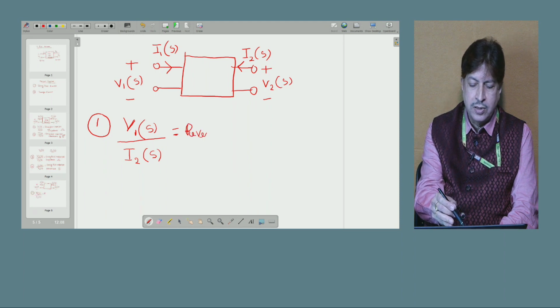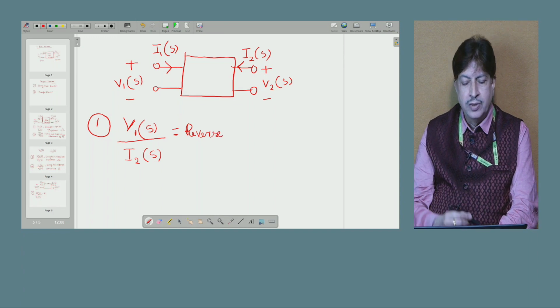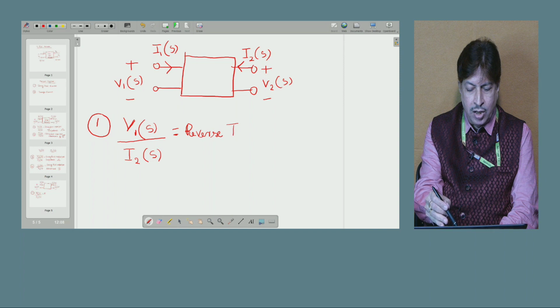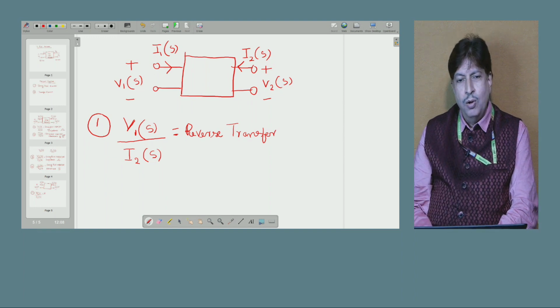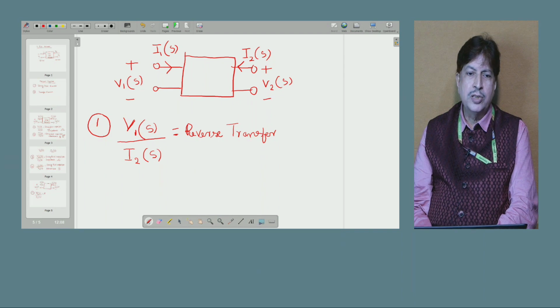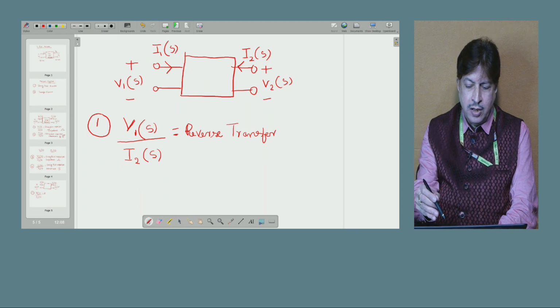Hence, I call this a reverse transfer function. Voltage to current is always impedance. The ratio of voltage to current is impedance. Hence, reverse transfer impedance function.